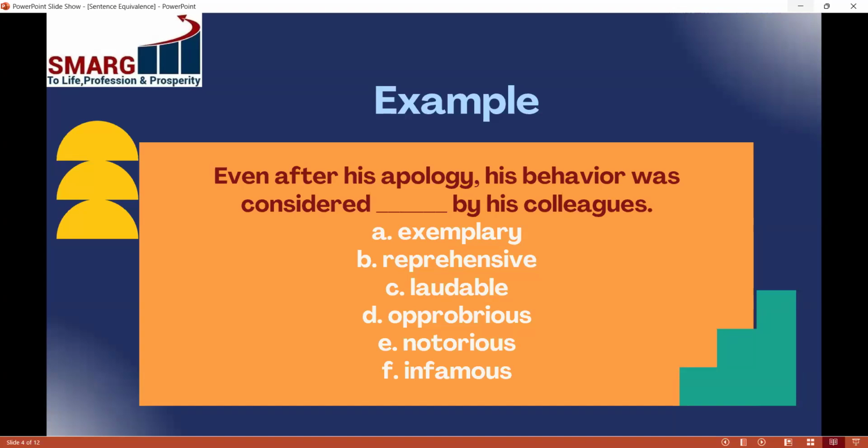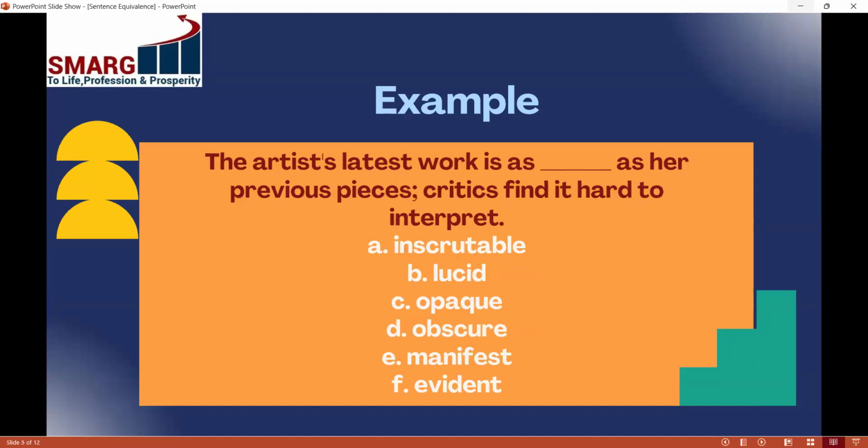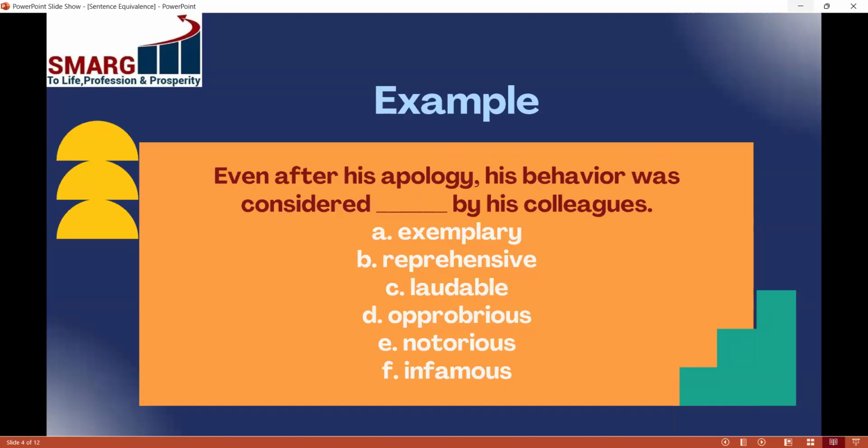So we'll take a look at one more example now. Ma'am, I had one doubt in the last example. Why is reprehensible not a good choice for this question? So now what is reprehensible? Something that deserves all the criticism that's thrown at it. Exactly. It is also used in situations where we are dealing with blame.